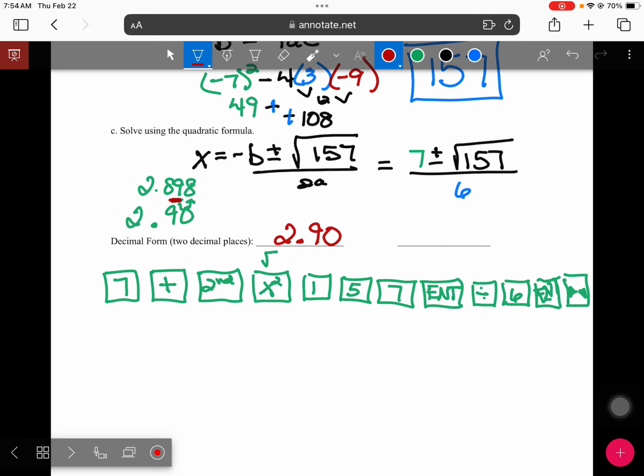3 point what? 3.25? Did you get that, Emmanuel? What'd you get? 3.254. Okay, so 3.25. So let's see. 7 plus square root 157. Enter. Yeah, they're right.